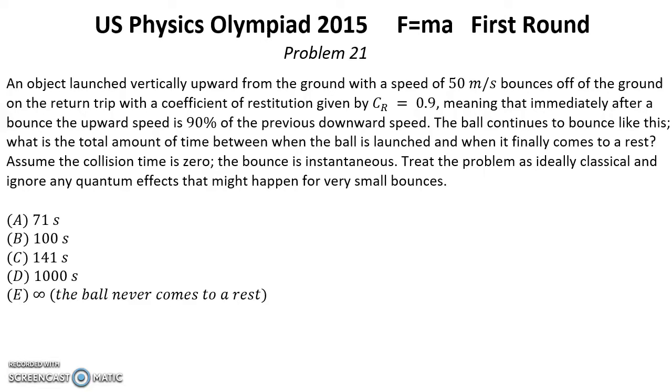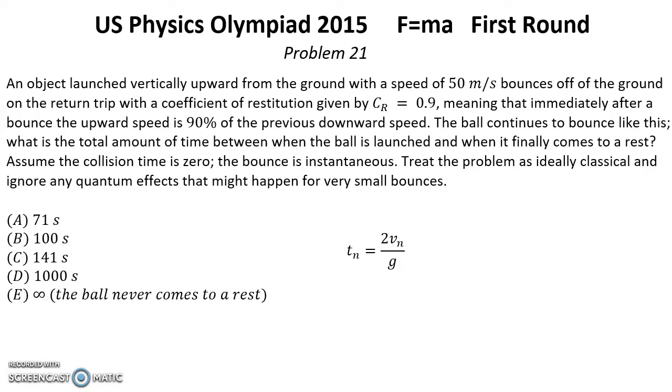First, we can write an expression for time of flight. Each time after a bounce, the time of flight is equal to 2v_n over g, where n is the number of collisions. To find the total time, we need to sum all of these times T_n.